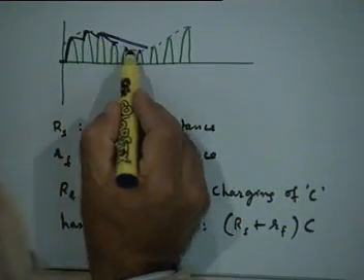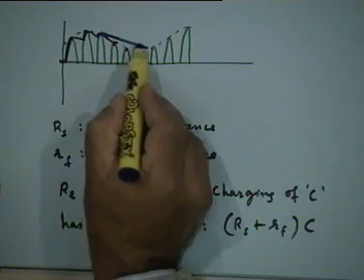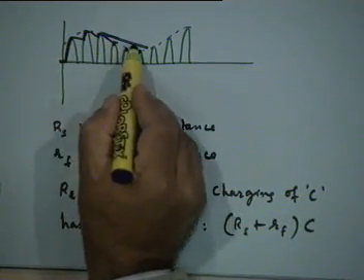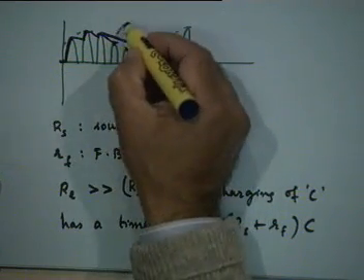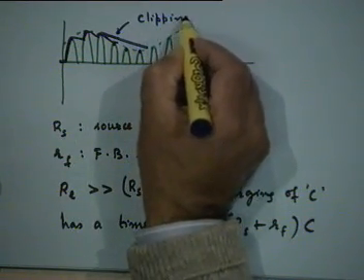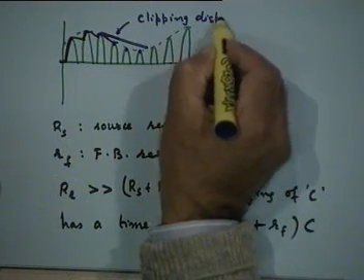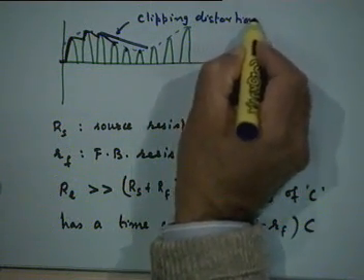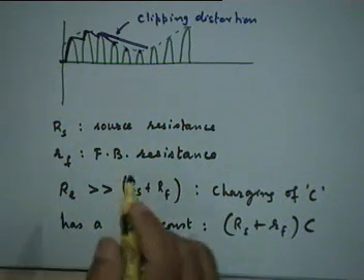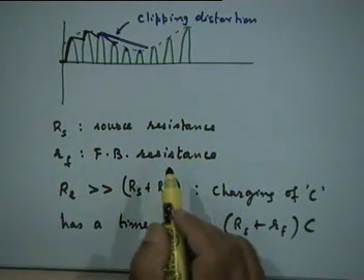This envelope fluctuation here is much faster than the rate of discharge of the capacitor, and therefore there is a kind of distortion that will come up in the envelope, which we call the clipping distortion. And we should avoid it if we want to get a faithful reproduction of the envelope. Right?